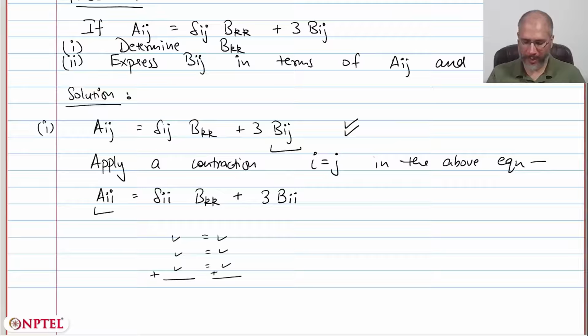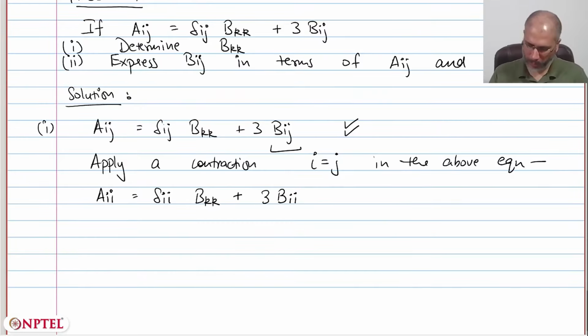So if you look at aii, that basically is A11 plus A22 plus A33. So all I've done is I've added the diagonals of the tensor Aij if you look at the matrix representation, and I am saying that the sum of the diagonals is also equal to the sum of the corresponding diagonals on the right hand side. So this basically is to tell you that contraction can be done without any issues on both sides, right?